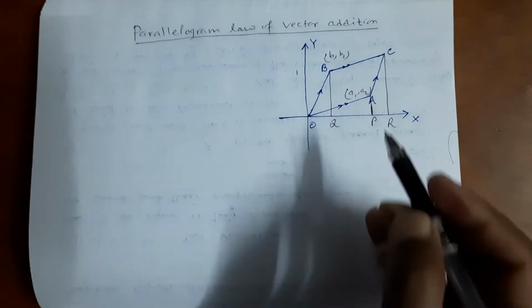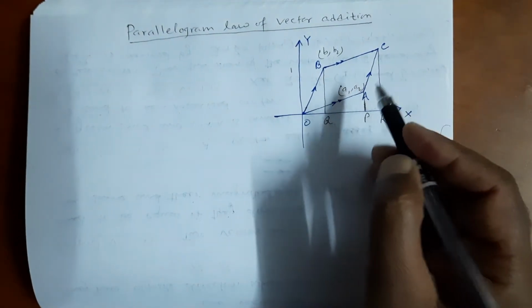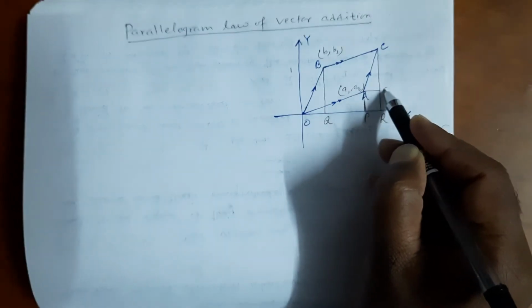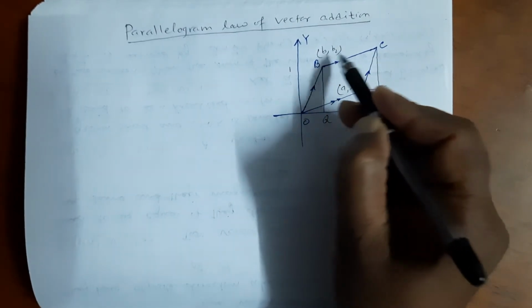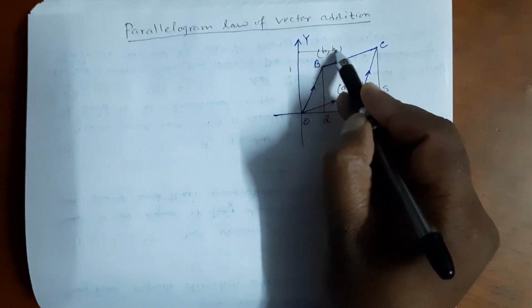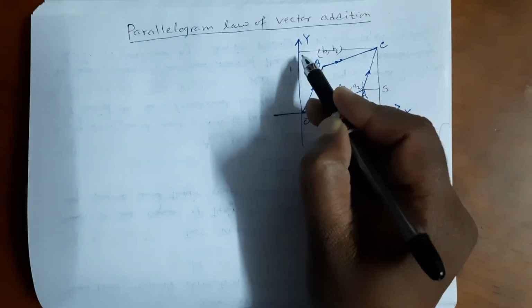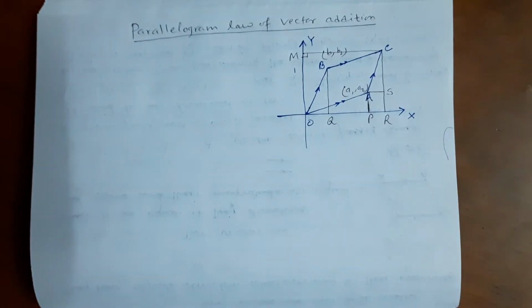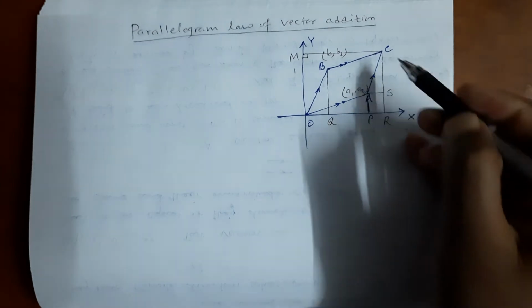And also from A and C, let's draw AS and CM perpendicular to CR and OY respectively.